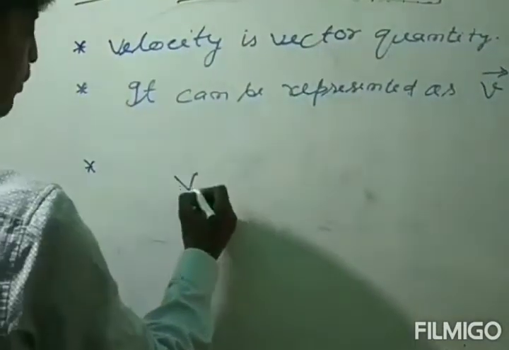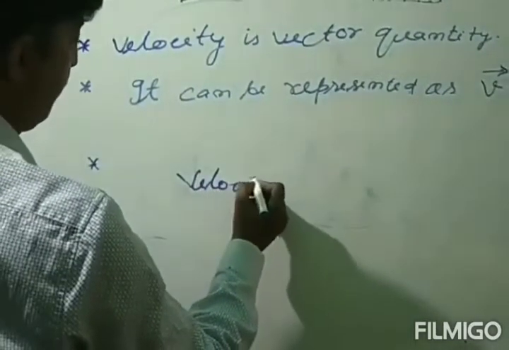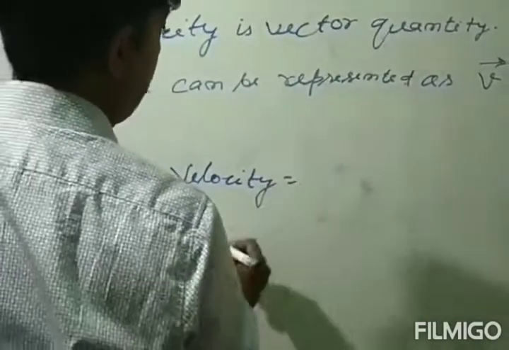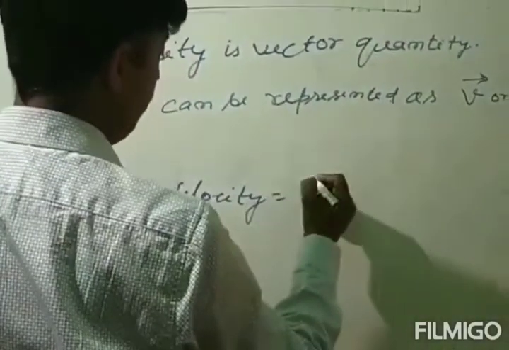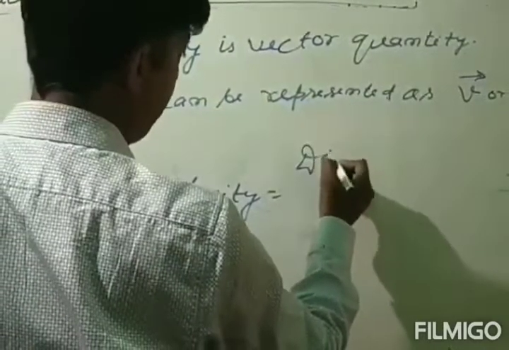The formula of velocity is displacement by time.